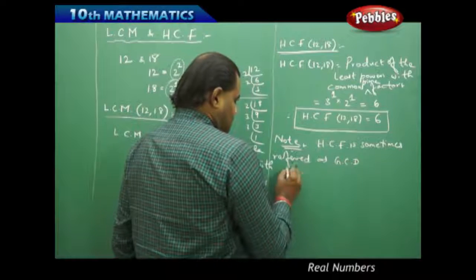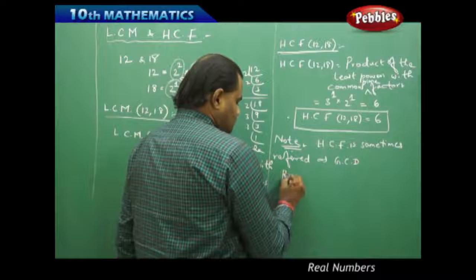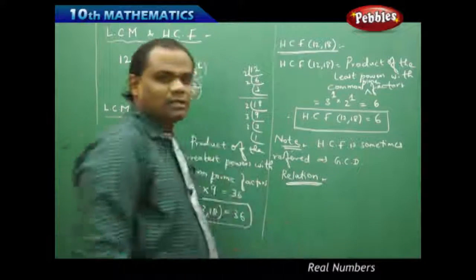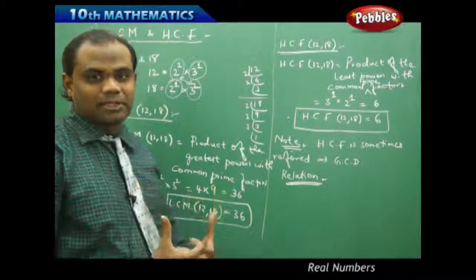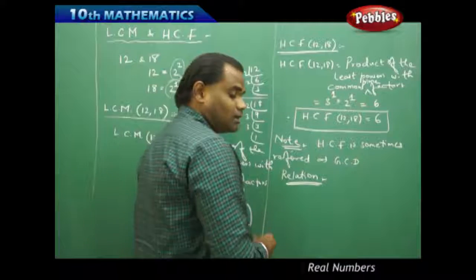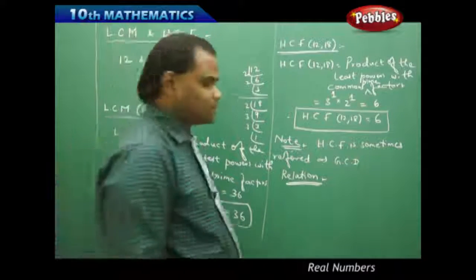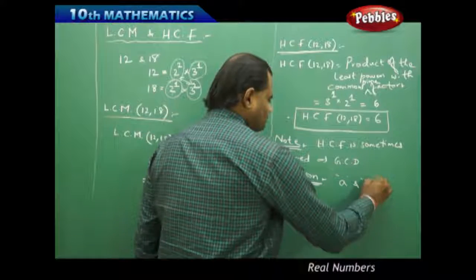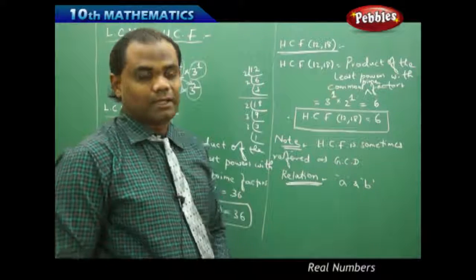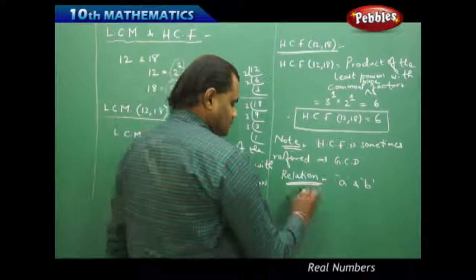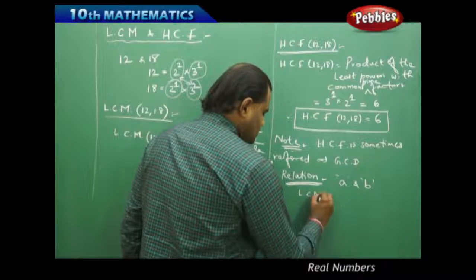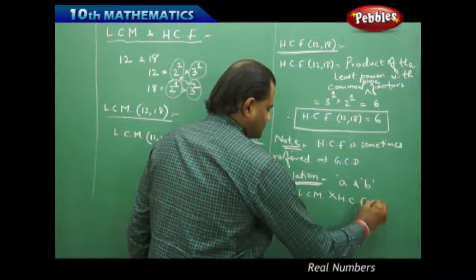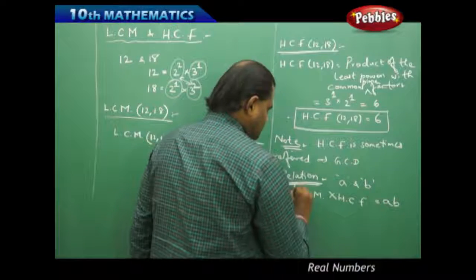Next, one of the most important relations between LCM and GCD is that they are related through a mathematical equation. If I wanted to find the LCM and HCF of two numbers, say A and B, then LCM times HCF is the product of the numbers.